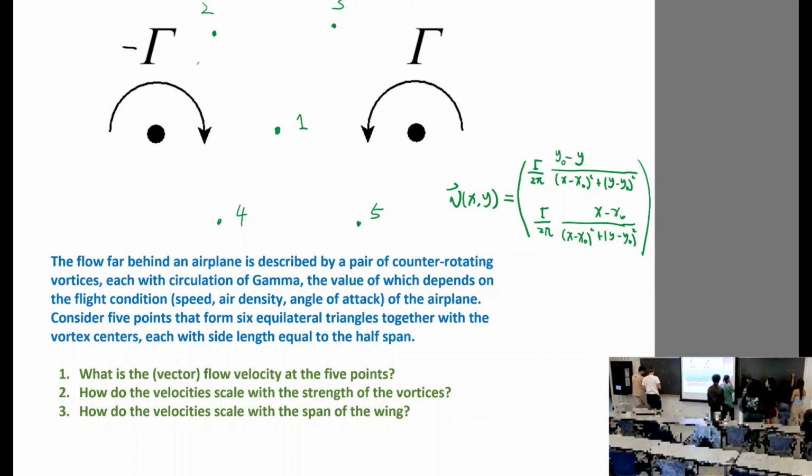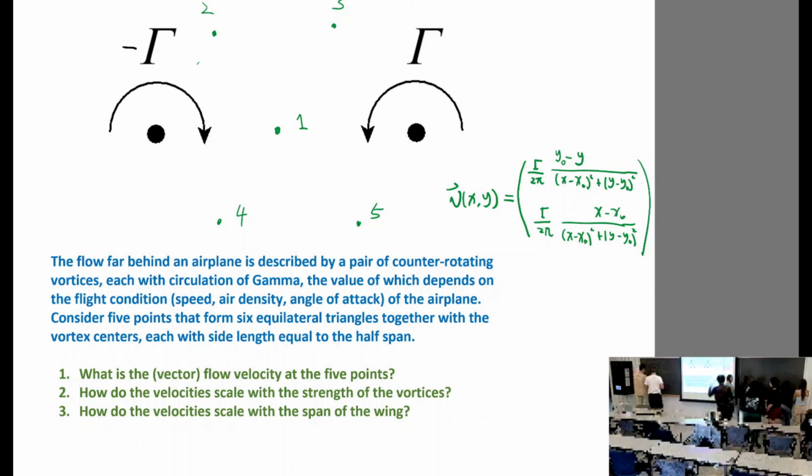Maybe 0 minus. Talking about number 3. Oh, scale it to b. Yeah, and the coordinates. How the velocity scales with the span of the pressure of the balloon. I feel like it's just the coordinates, no? It just changes how far away the coordinates are.